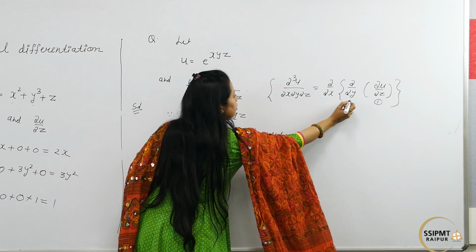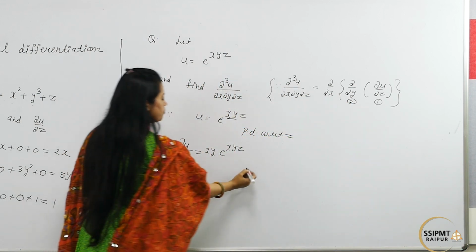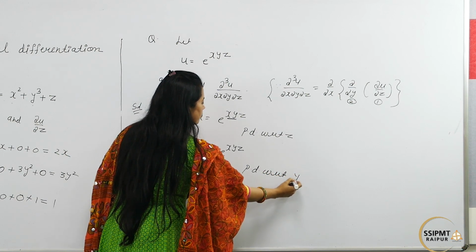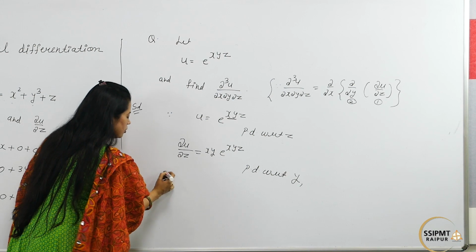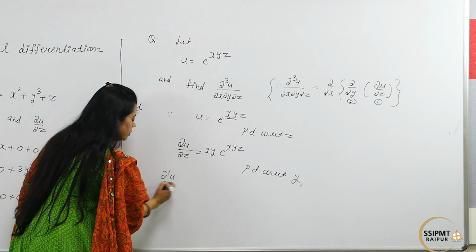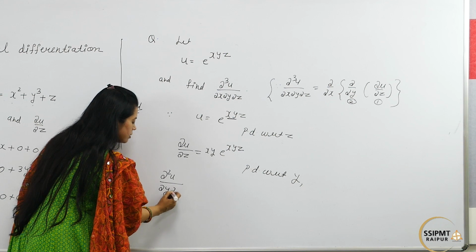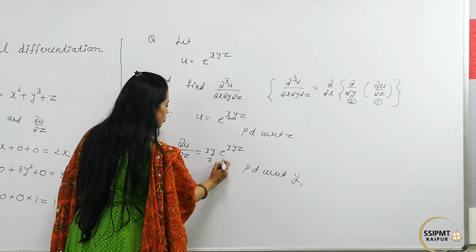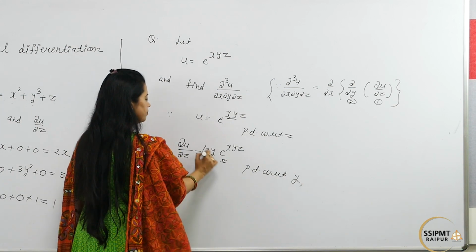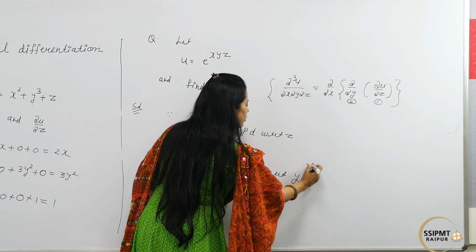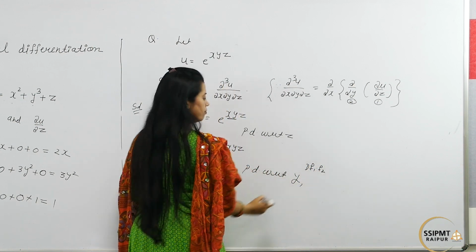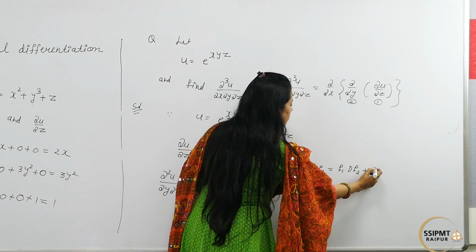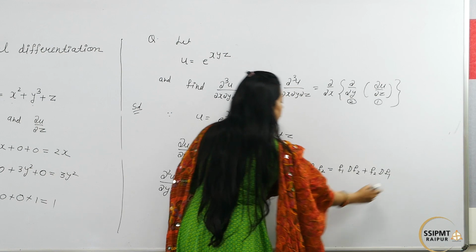Next, we partially differentiate it with respect to y. So the left hand side will be del square u upon del y del z by definition, and here we have to use the product formula, which is differentiation of f1 into f2 will be f1 differentiation of f2 plus f2 differentiation of f1.